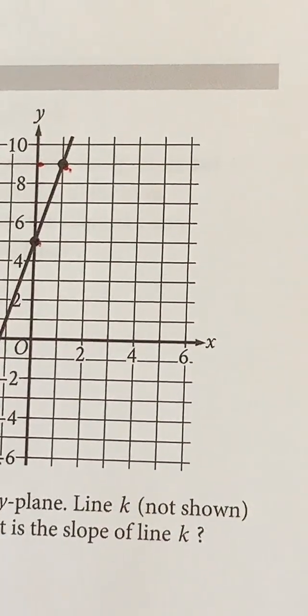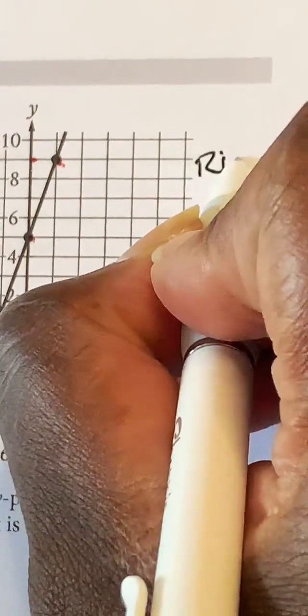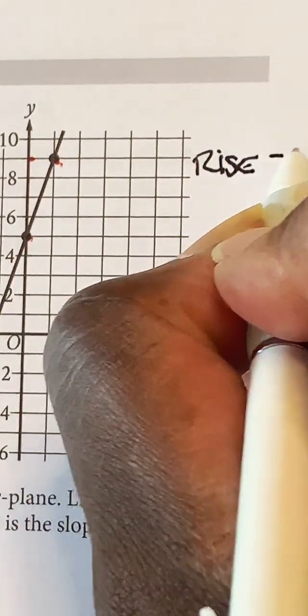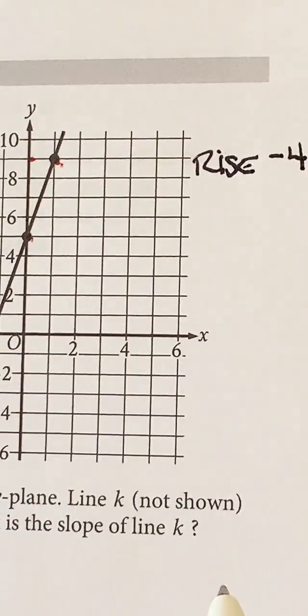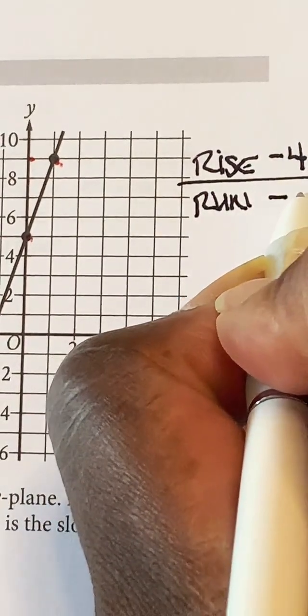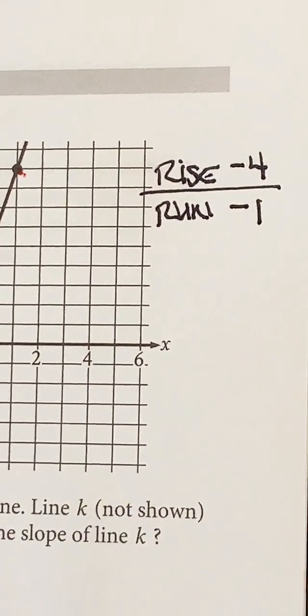So if I want to write that one up, that means my rise, which I know sounds a little counterintuitive, I went down 4. So that's -4. And my run, I went to the left 1. So that's -1.